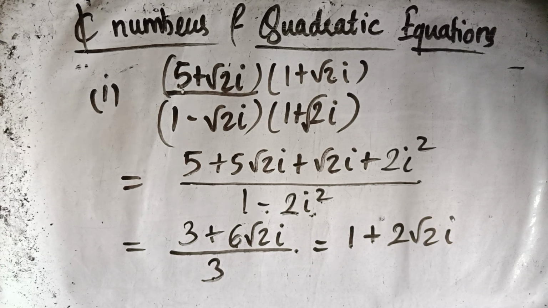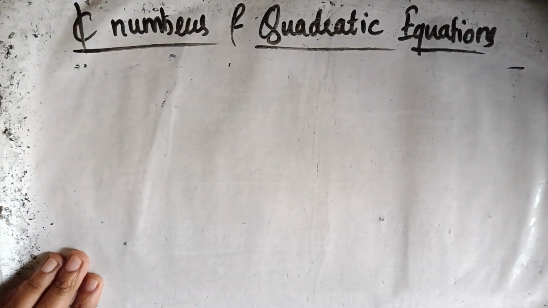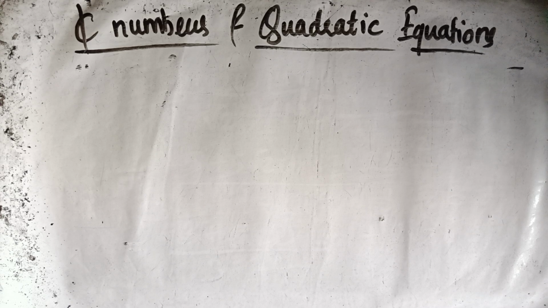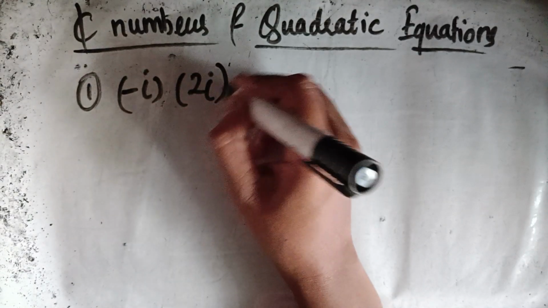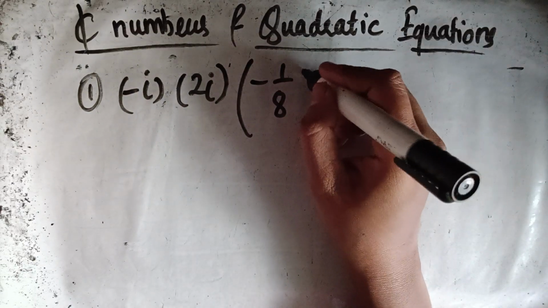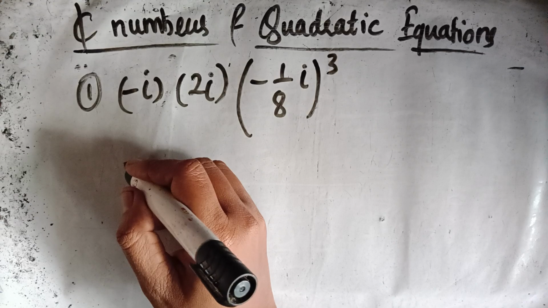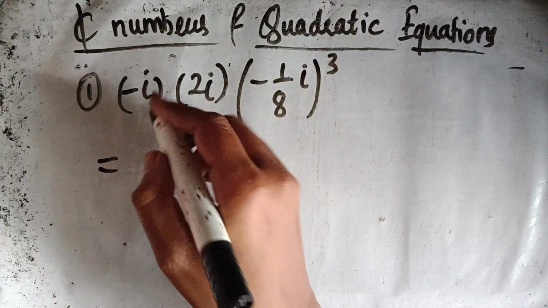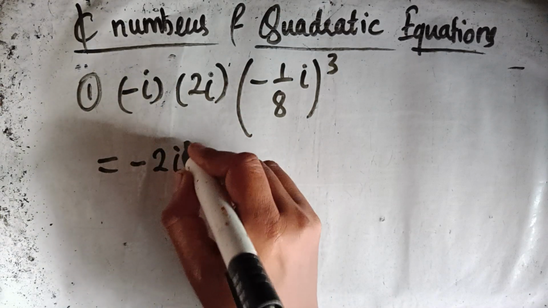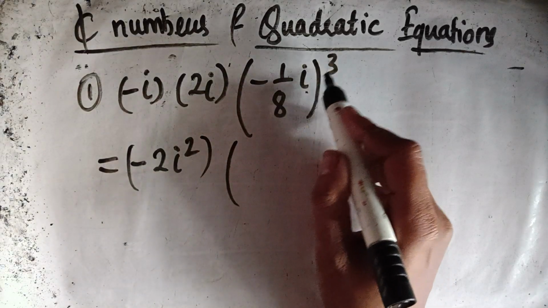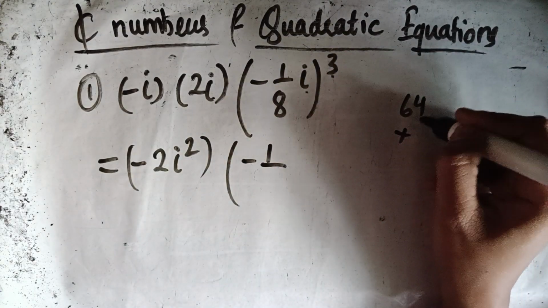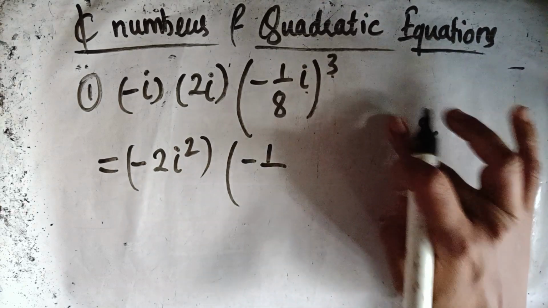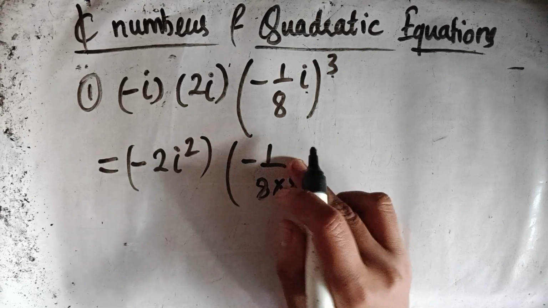Then some more are given. i into i square, i cube, 8 cube, 64 into 8, or I can write this as 8 into 64.